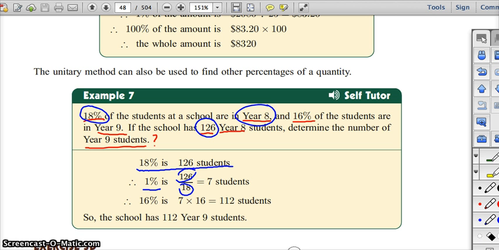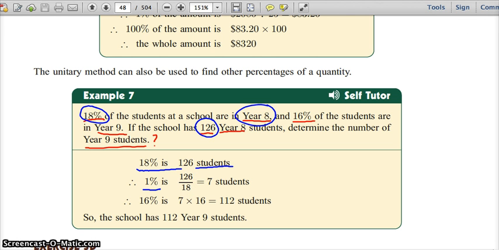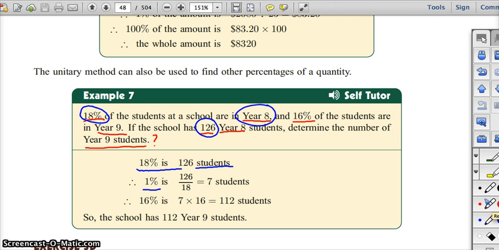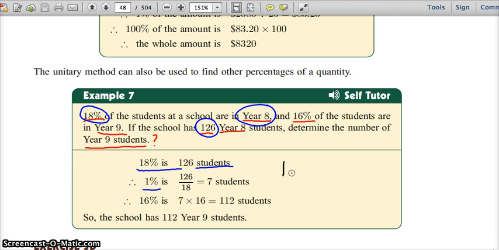126 divided by the 18 gives us 7 students. Okay, so as far as this question is concerned, 1% is worth 7 students. 1% equals 7 students. If 1% is worth 7 students, we go back to the important bits of the question. 16% are Year 9s.